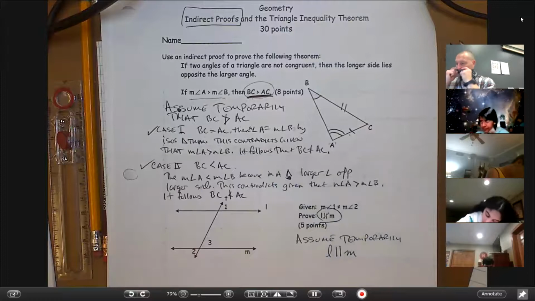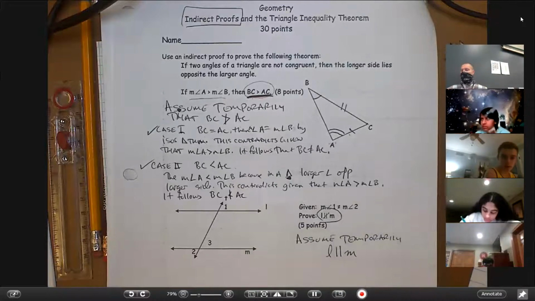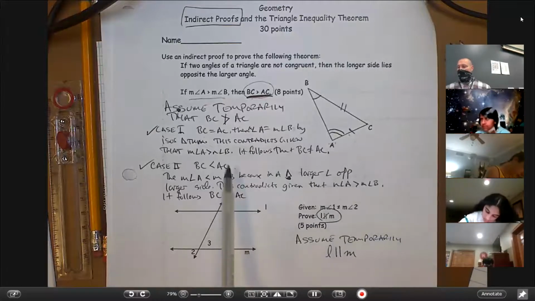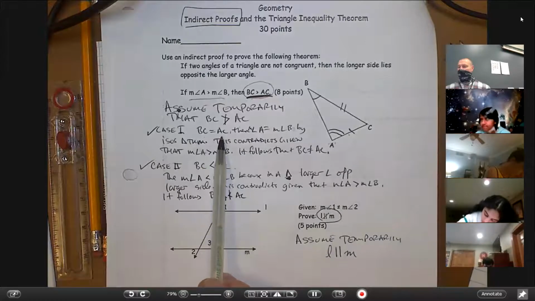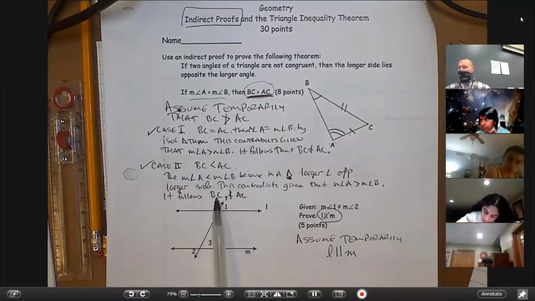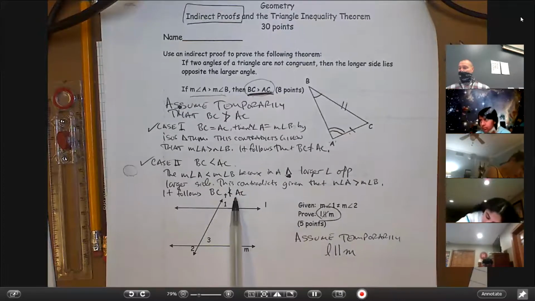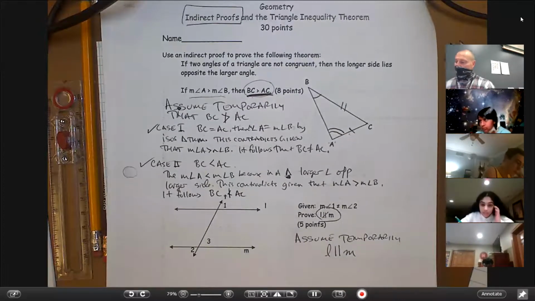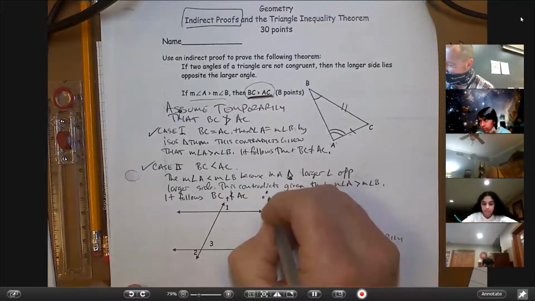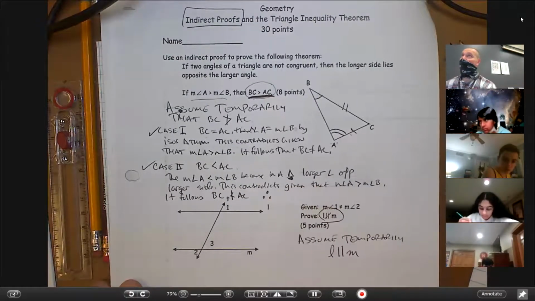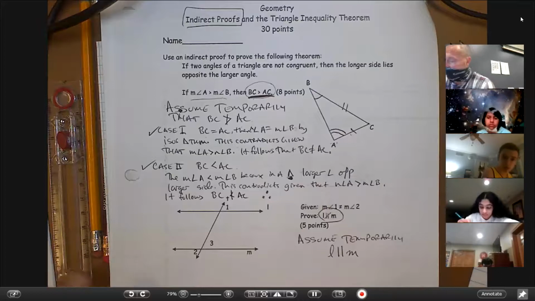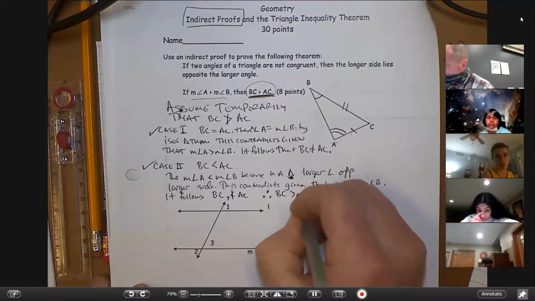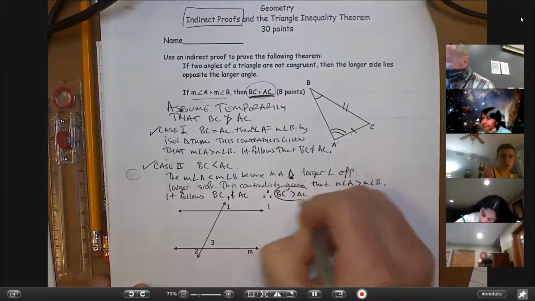We've done case two. Now we've proved that BC is not equal to AC. We've proved that BC is not less than AC. So therefore, and this is a lazy way to write therefore, three dots like that, BC must be greater than AC. And we're done.